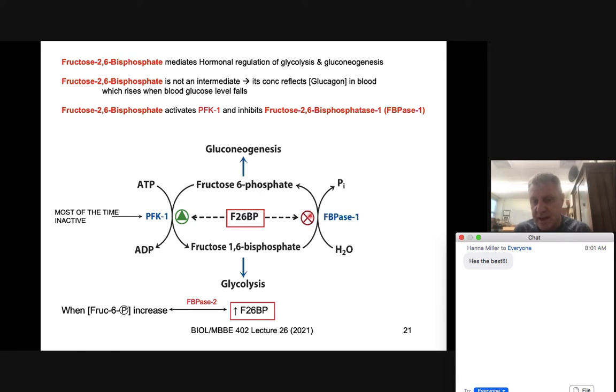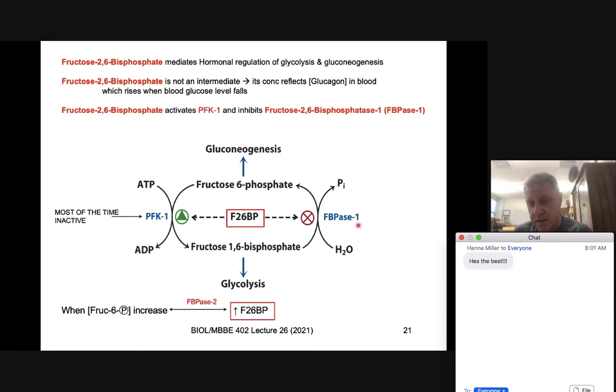So in this case, if the 2,6-bisphosphate concentration is depleted, it is going to have a positive effect on this guy here. So if we decrease the concentration here, we're going to see the fructose 1,6-bisphosphate not going into glycolysis, but being moved back to fructose 6-phosphate to go into gluconeogenesis to produce glucose.